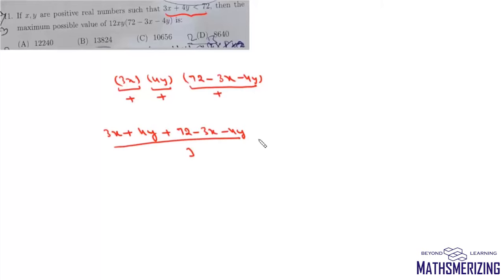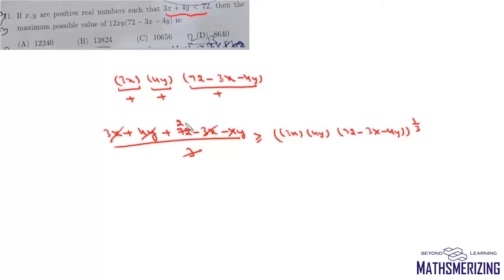divided by 3, and it should be greater than or equal to the cube root of 3x into 4y into 72 minus 3x minus 4y, that is, to the power 1 by 3. Now 3x plus 4y will cancel, and here we will have 24.